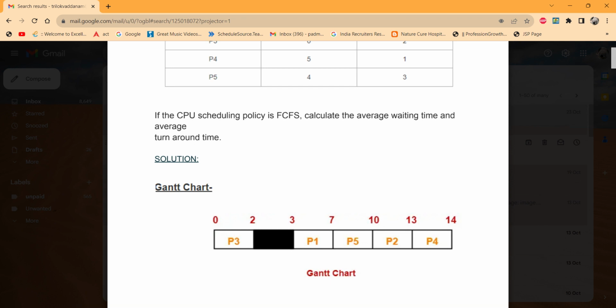So at the 7th unit, this particular process will be thrown out by the CPU because its execution is completed, its burst time is completed. So at this particular point of time 7, the process P1 will be thrown out by the CPU, my dear friends. Process P1 has arrived at the time 3. So when the time is 3 in the Gantt chart, it is given a chance to work with the CPU.